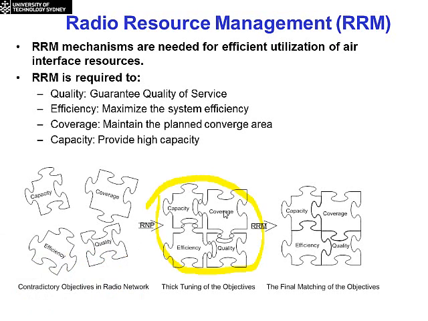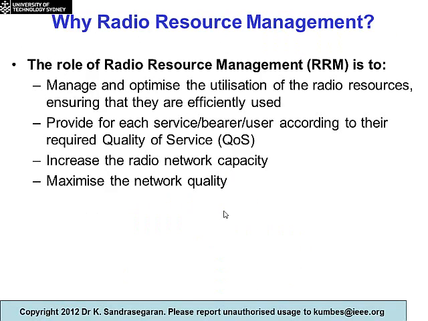Radio resource management is a mechanism that is continuously running, and it's usually implemented in software in various nodes of a network, and it is able to get a better match between these four quantities, these four KPIs associated with the mobile network.